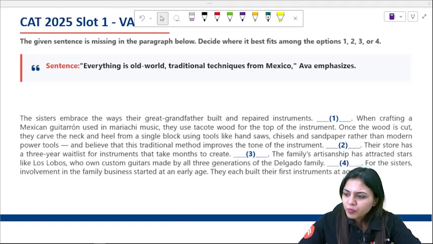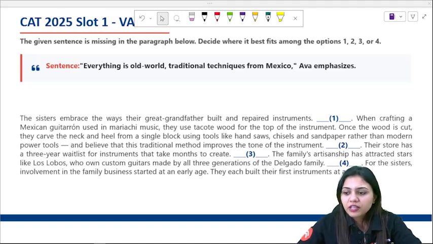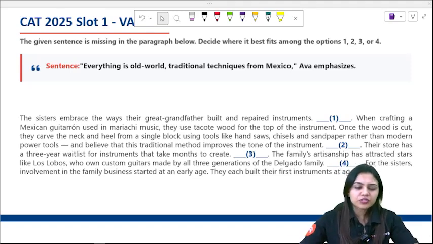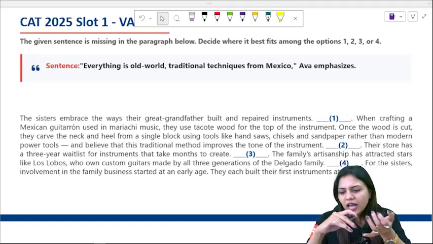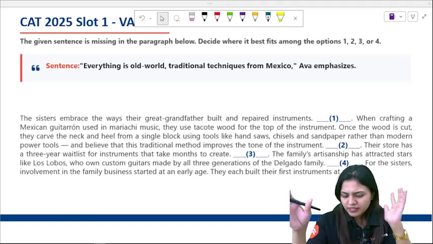And just after that, you read the statement, when crafting a Mexican guitar used in mariachi music, they used teakwood. So they start talking about how the instrument is built. That means they are trying to reinforce old traditions, old school craftsmanship, and we are not really jumping to results, fame, or future. It's that simple.